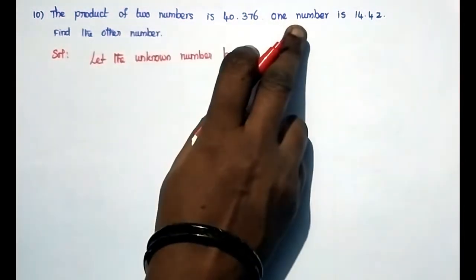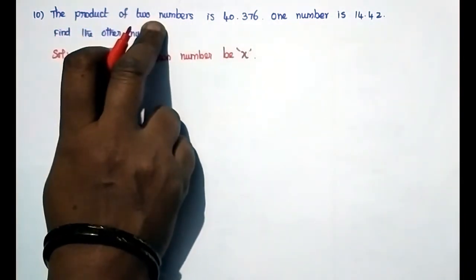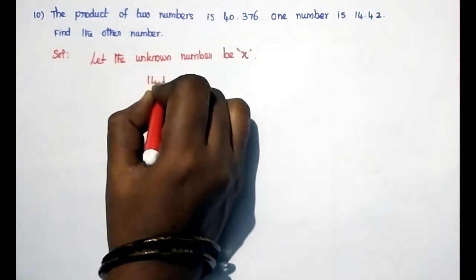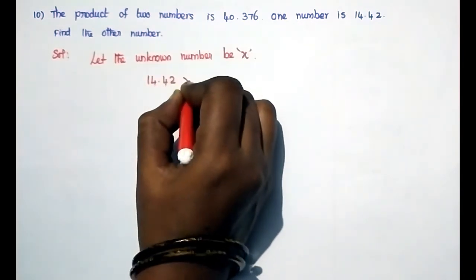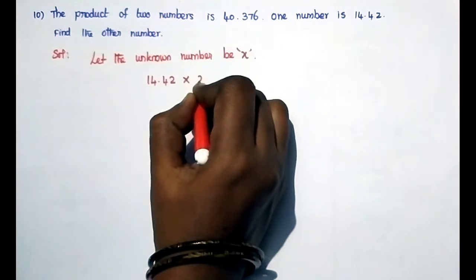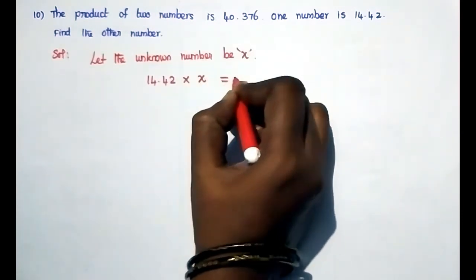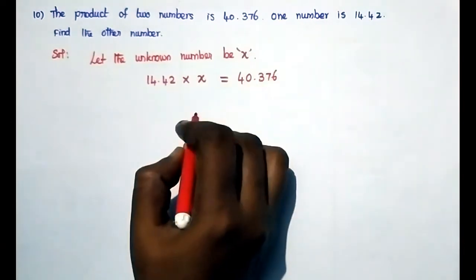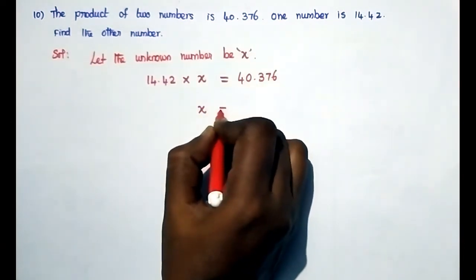What are they given? The product of two numbers. One number they given, that is 14.42 into another number, we take that x, equal to 40.376.